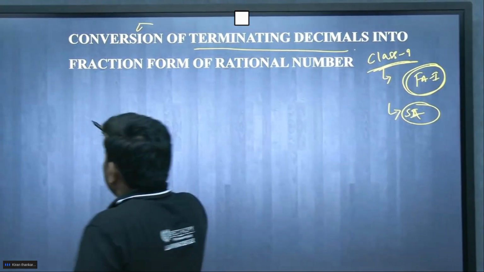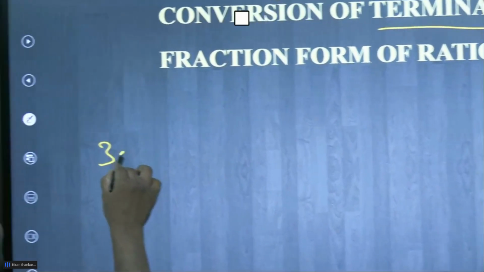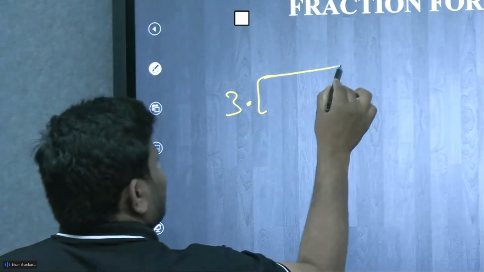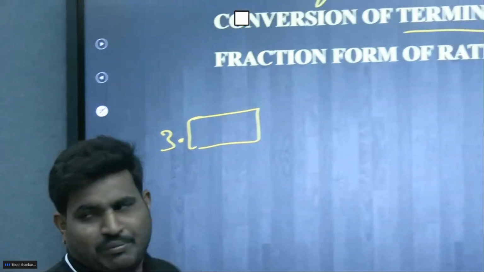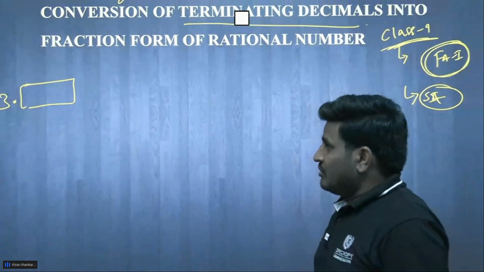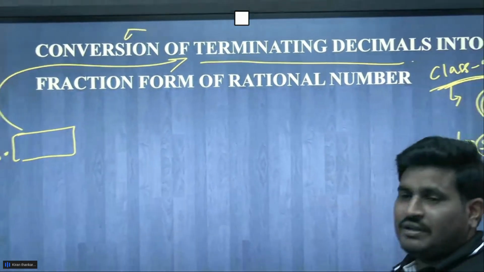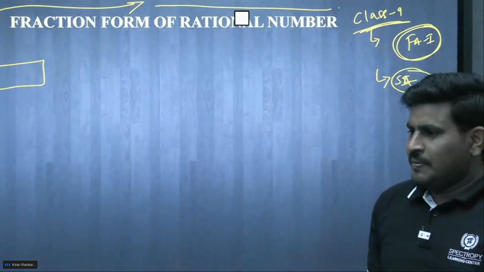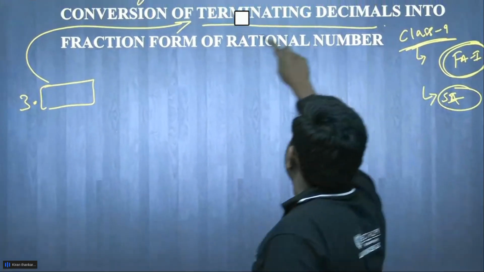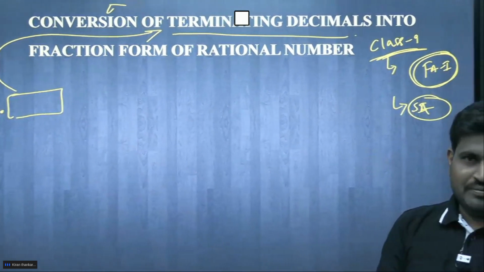When a decimal number has some finite numbers after the decimal point, we call it a terminating decimal. So now the conversion of terminating decimals into fractions from rational numbers.